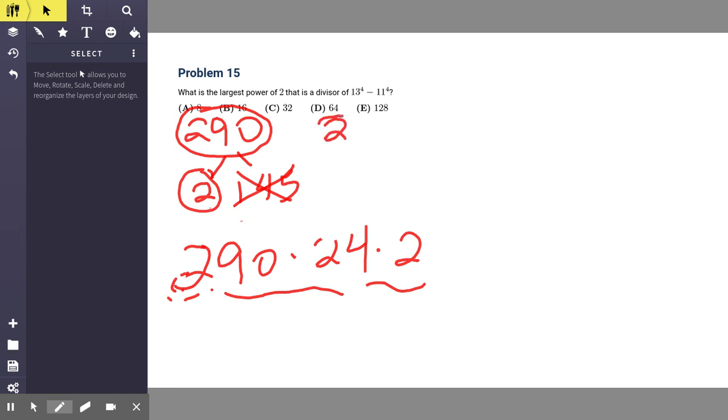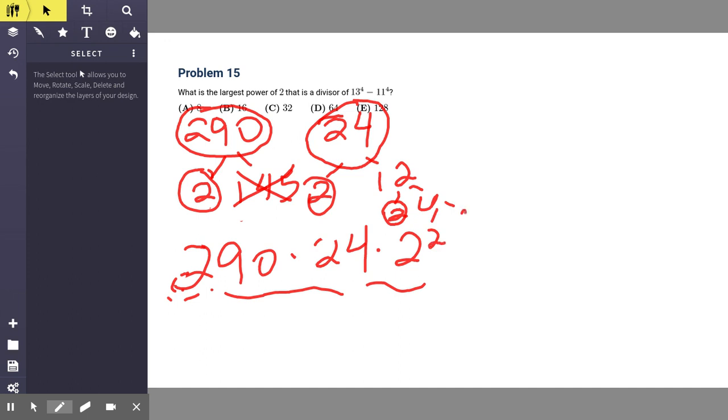And then if you prime factorize 24, you get 2 times 12, which is 1 2, 2 times 6, which is another 2, and 2 times 3, which is another 2. And so now you have 4 2's. And you see that you have another 2 right here, which means 5 2's.